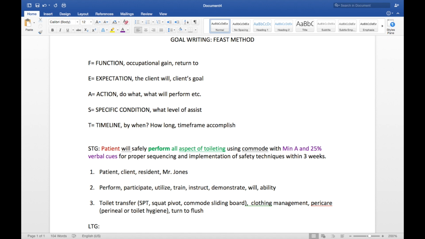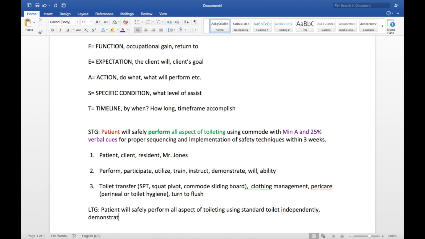So if you're looking at the long-term goal here: patient will safely perform all aspects of toileting using standard toilet independently, demonstrating good, or we can even say adequate, but I'm going to stick with good safety techniques in order to return to prior level of functioning, which is PLOF.